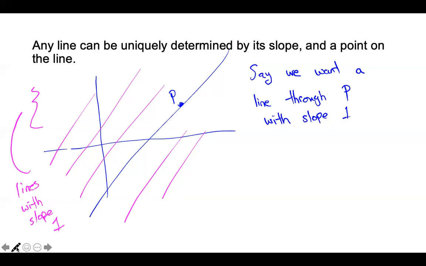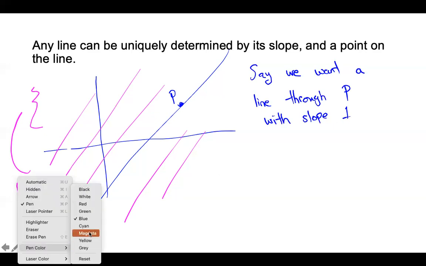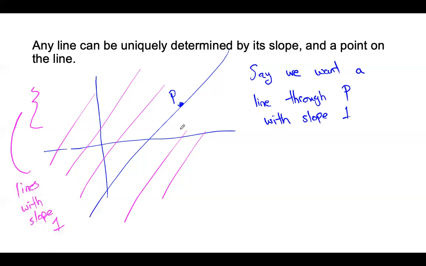So this would be your unique line. So this one is unique. Line with this particular slope of 1 that passes through the point.